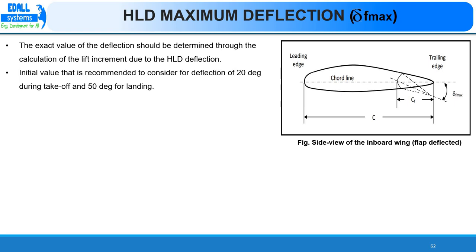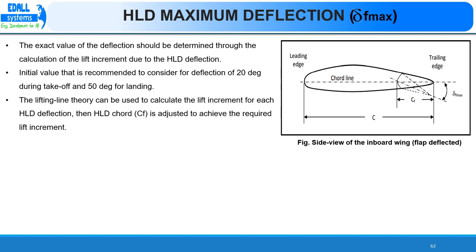The deflection value is taken to be 20 degrees for takeoff and 50 degrees for landing. Theory is used to calculate lift increment for each high-lift device deflection. After that, high-lift device chord CF is adjusted to achieve the required lift increment.